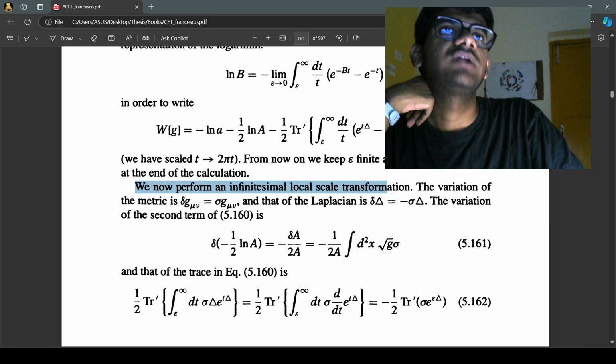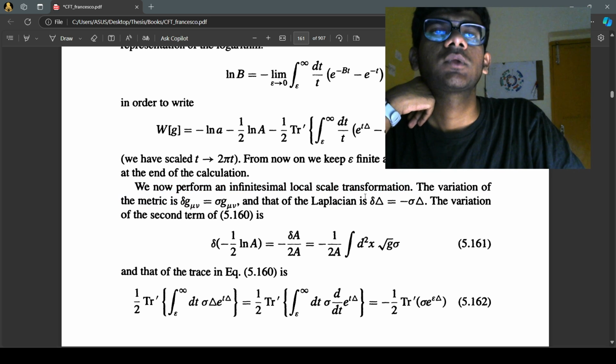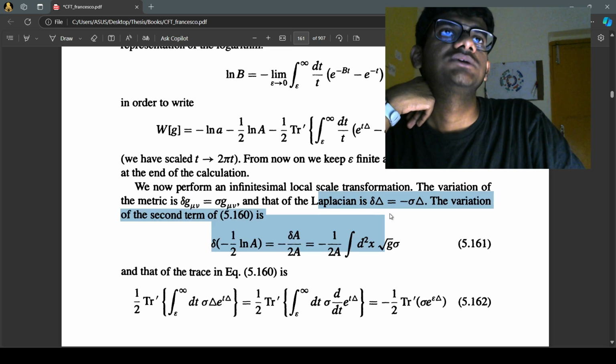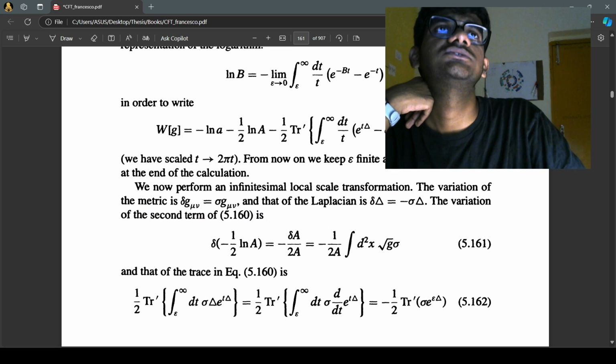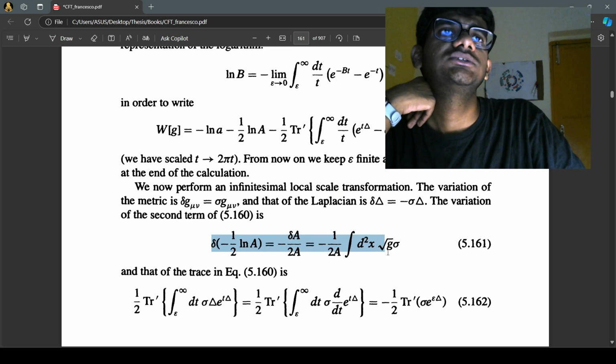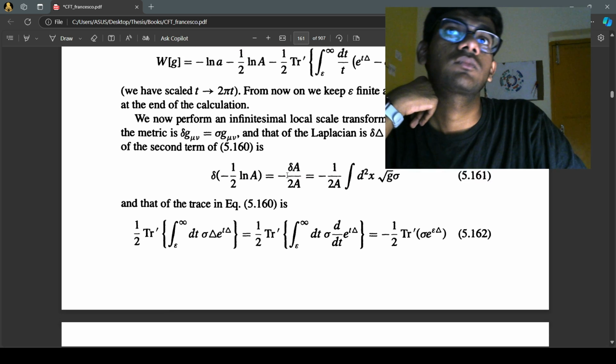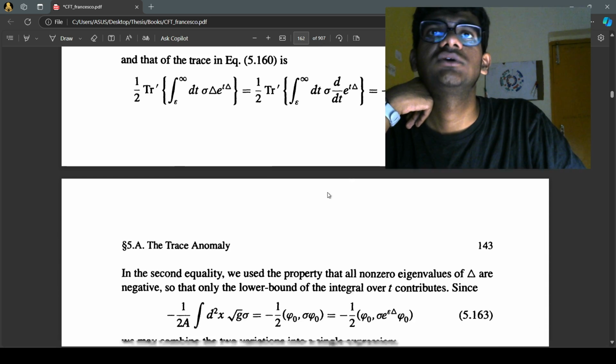We now perform an infinitesimal local transformation. The variation of the metric is delta g mu nu. That of the Laplacian is minus sigma delta. The variation of the second term of 5.160 is this. That of the trace is this.